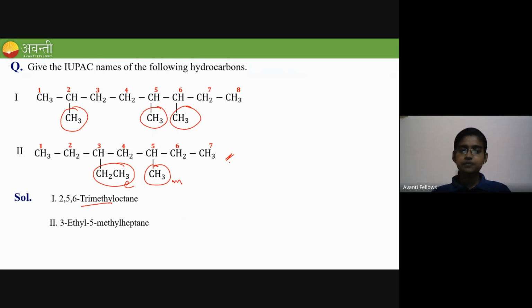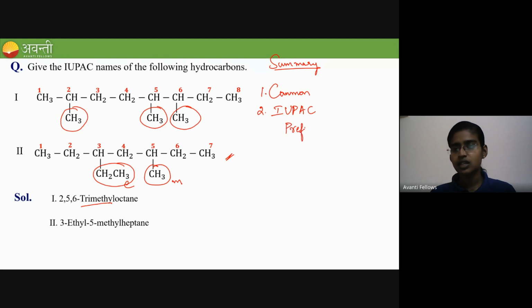Clear, students? Today we have discussed the common names and the IUPAC names. What is the summary for today's class? We discussed the common name, and secondly the IUPAC nomenclature. In IUPAC nomenclature, the main components are prefix, root word and suffix. This is the skeletal structure. We have named unbranched straight chain hydrocarbons and branched systems too.